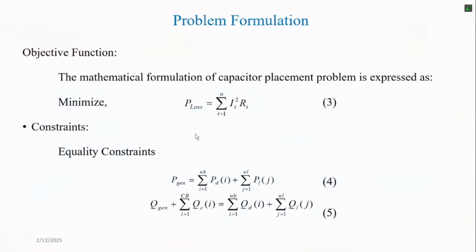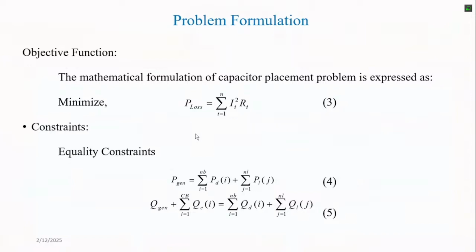And for the reactive power, it is Q generation plus whatever the capacitor injection is. If this injection is at more than one bus, we write it as CV, meaning candidate bus. How many candidate buses are there? It is supposed to equal the Q demand plus Q loss.